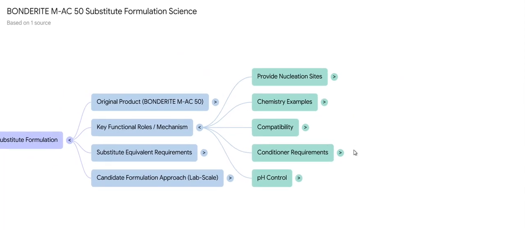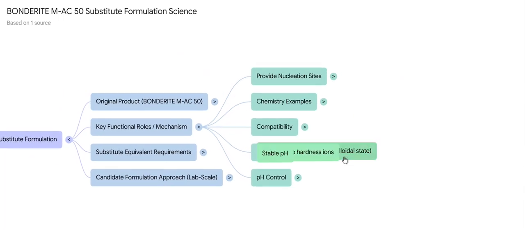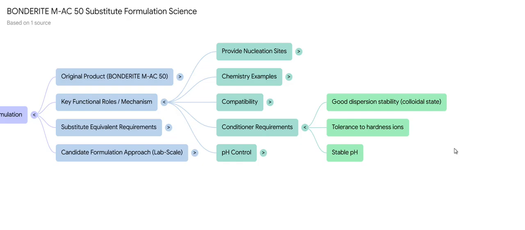And then the conditioner requirements. It has very good stability. Actually, this is a good dispersion stability, I must say. It's a colloidal dispersion, and it should be tolerant to hardness ions also. Hardness ions means if the water contains any salts, it should be capable of tolerating all of them.